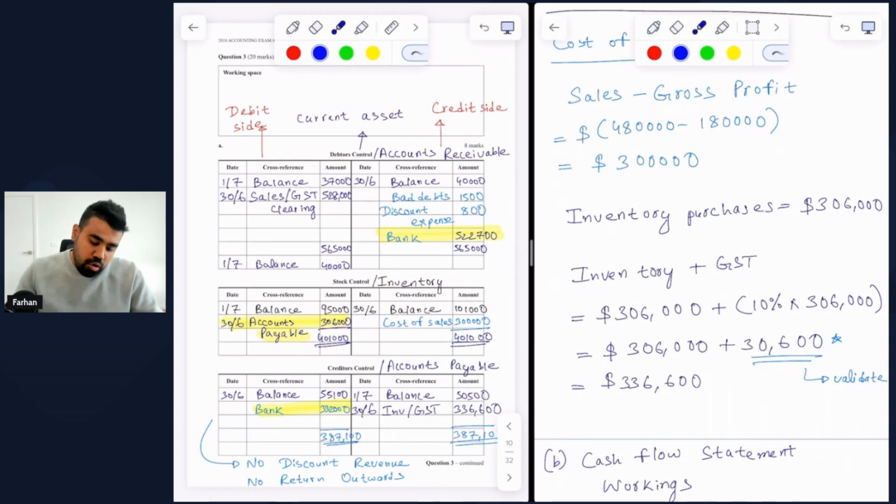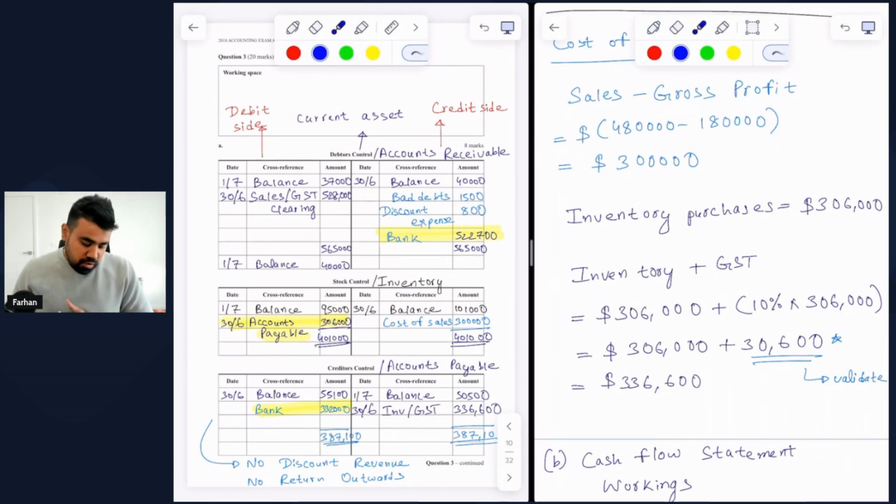Now, just a while ago, we calculated that we purchased $306,000 worth of inventory during the financial year ending 30 June 2018. So the GST on these inventory purchases will be 306,000 plus 10% applied on 306,000, which gives us $336,600 in total. And this is the total amount that we owe to our accounts payable.